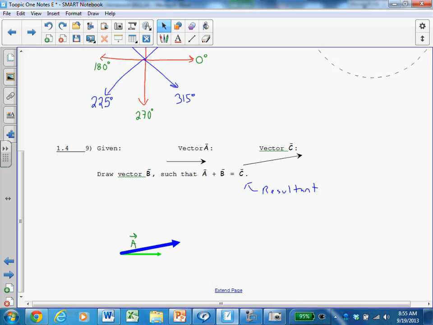By just taking C and putting it over on A, I can draw C. Now I can draw B, and B would look like that, head to tail.